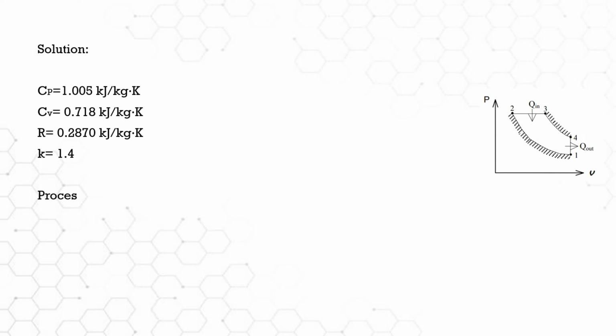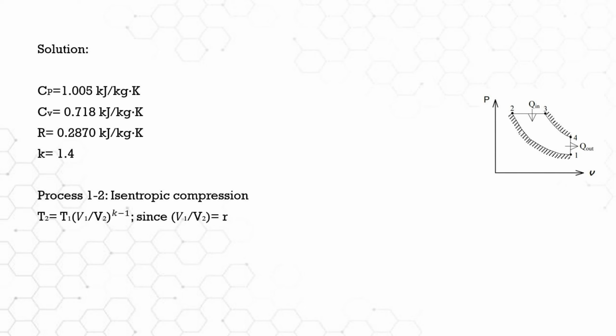In process 1 to 2, the isentropic compression, we use the formula temperature at state 2 is equals to temperature at state 1 multiplied to the quotient of volume at state 1 over volume at state 2 raised to the power of specific heat ratio minus 1.